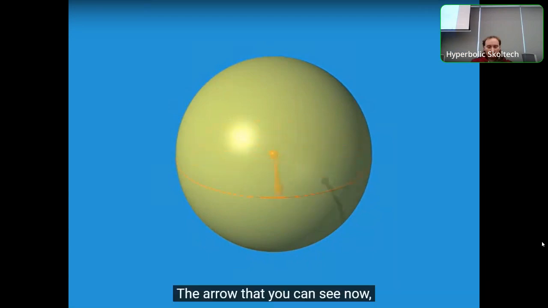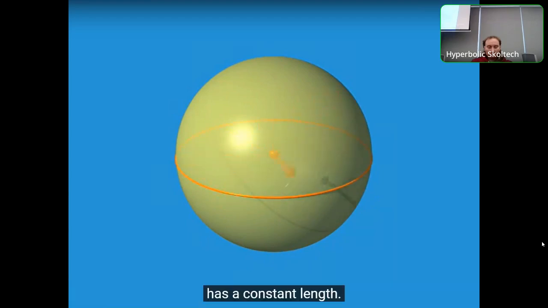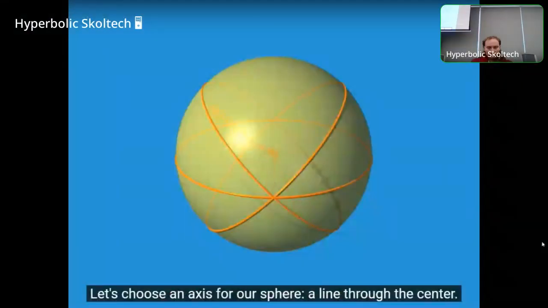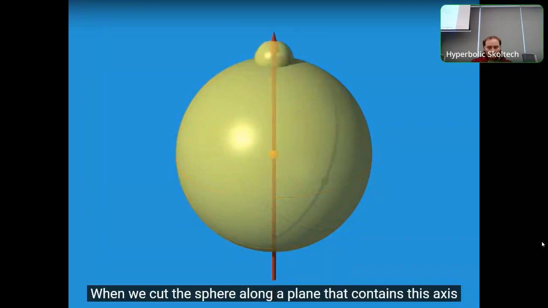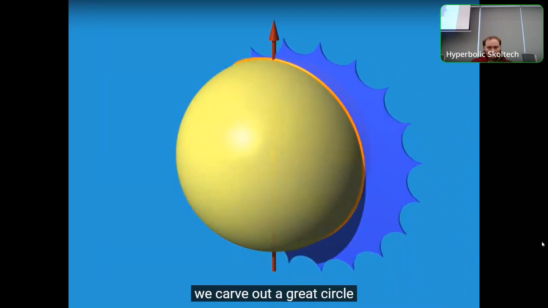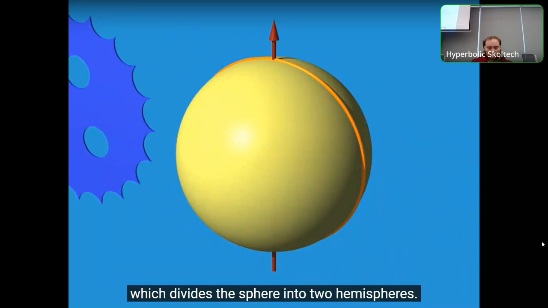The arrow you can see now, starting at the center of the sphere and ending at a point moving on the surface, has a constant length. Let's choose an axis for our sphere, a line through the center. When we cut the sphere along a plane that contains this axis, we carve out a great circle, which divides the sphere into 2 hemispheres.